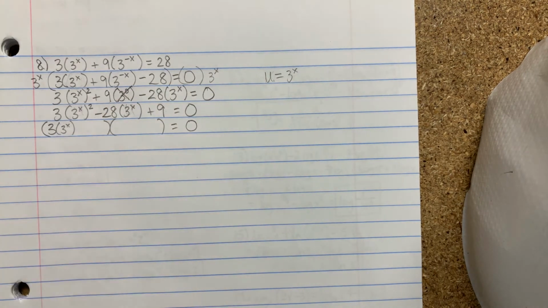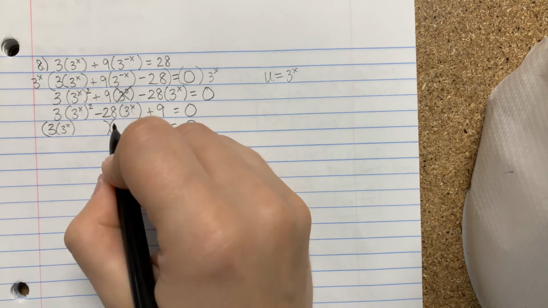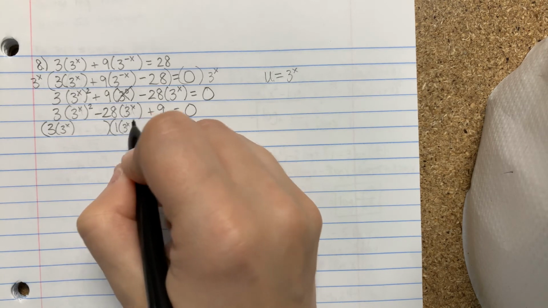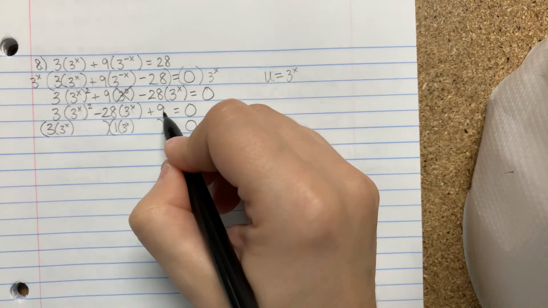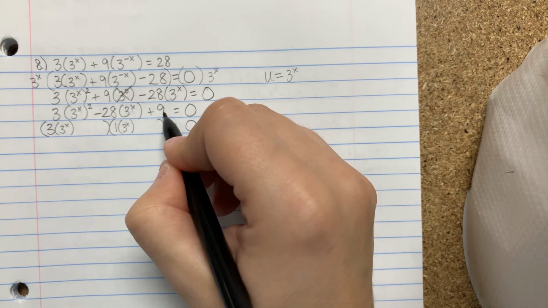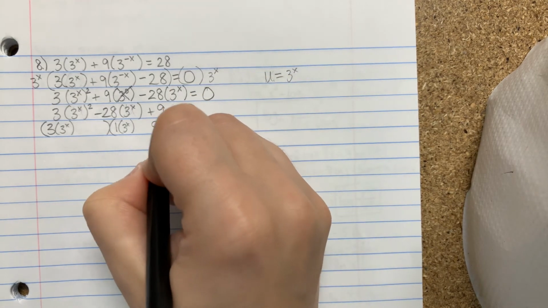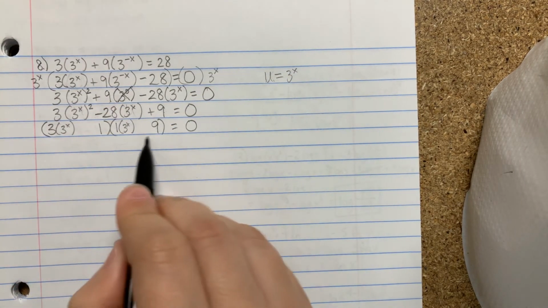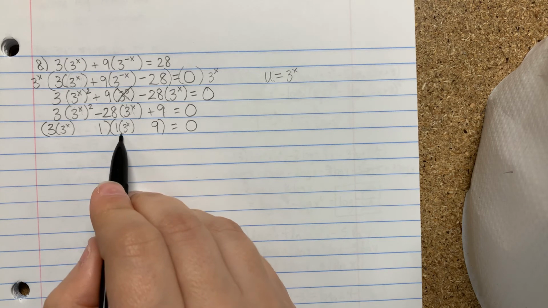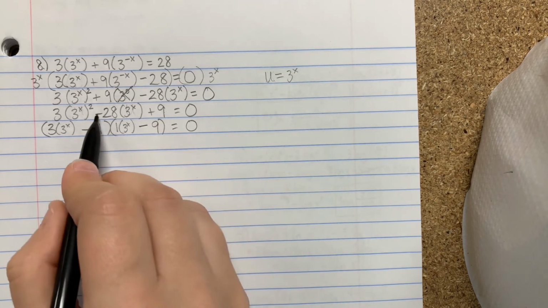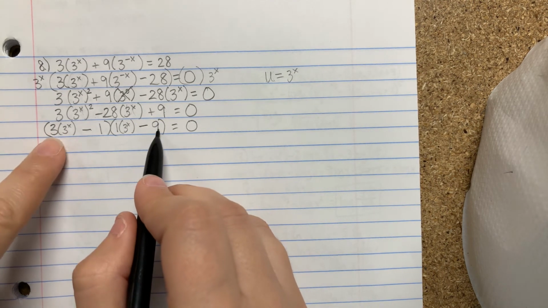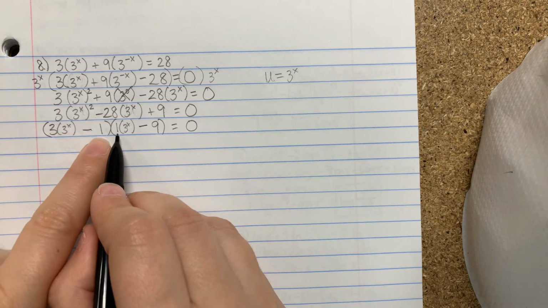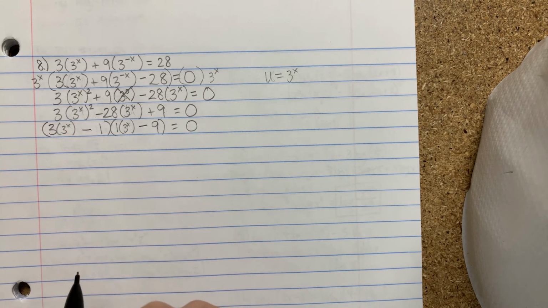So in my case, I'm going to do 3 times 1. And my factors of 9, I'm not sure. Let's do 9 times 1, because this would give me 27 and this would give me 1. So I'm looking for negative 28. That would give me negative 27 minus another 1 is negative 28.